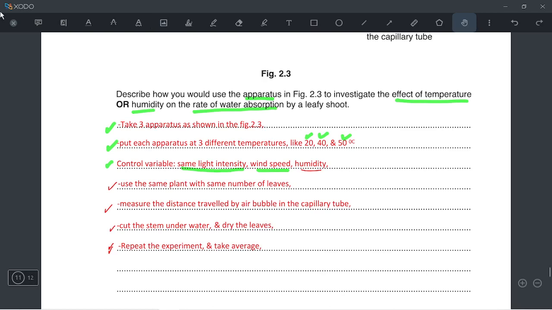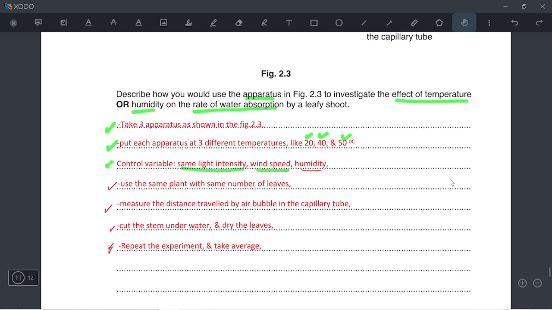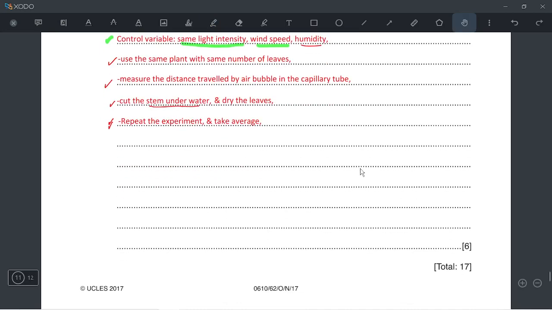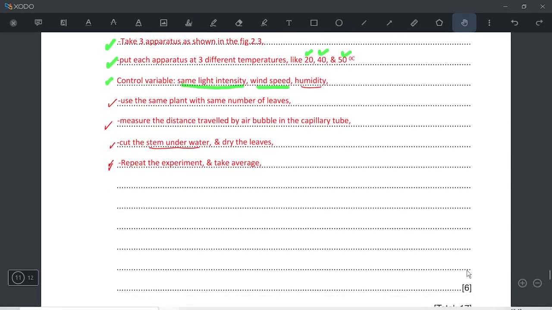And repeat, it's important. And the improvement is to cut the stem underwater. So these 6 points you can write, and you will get full marks here.